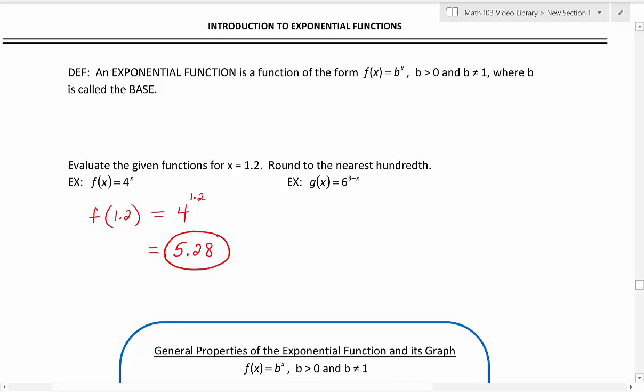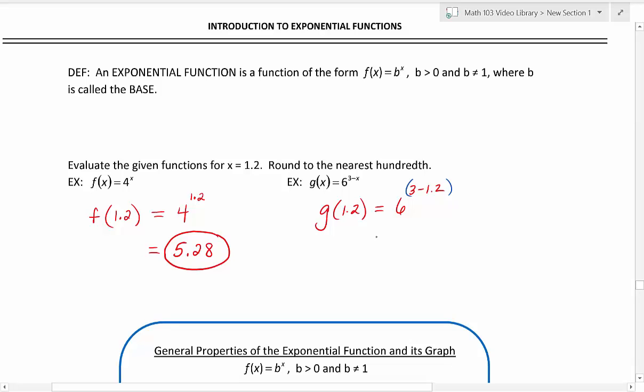Next, let's evaluate g of x equals 6 to the 3 minus x power when x is equal to 1.2. G of 1.2 is going to be equal to 6 raised to the 3 minus 1.2 power. If you want to put this all in the calculator at once, be sure that you have parentheses around that 3 minus 1.2 to indicate to your calculator that whole thing is in the exponent.